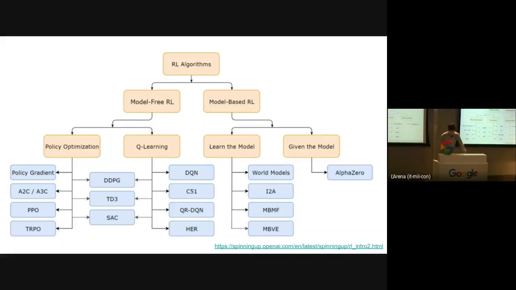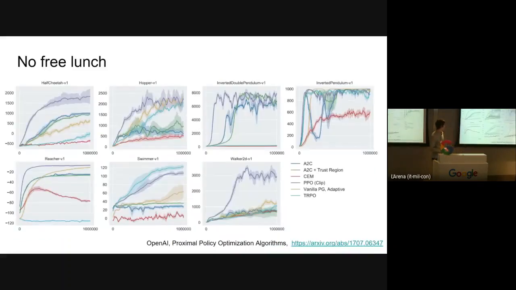And as always in machine learning, there are some heuristics to guide you to choose the best one, but usually it's just trial and error. And as always, there is no perfect algorithm, unfortunately. So different algorithms perform in different ways on different kinds of problems.